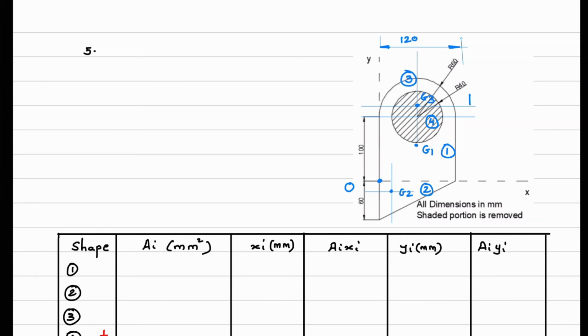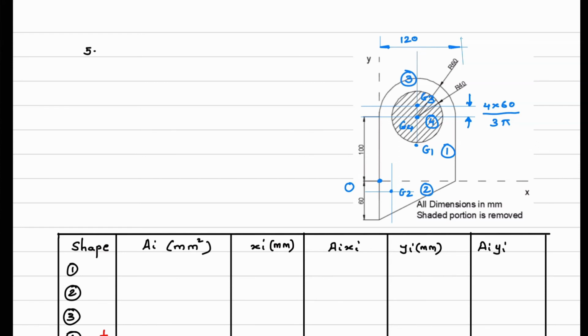Now this height is 4r upon 3 pi. 4 into r of the semicircle, it is 60 upon 3 pi. Next is this circle. For this circle, we have two axes of symmetry. The x axis is also an axis of symmetry and the y axis is also an axis of symmetry. So wherever they intersect, that is the center of the circle, that will be G4. So this point will be G4.